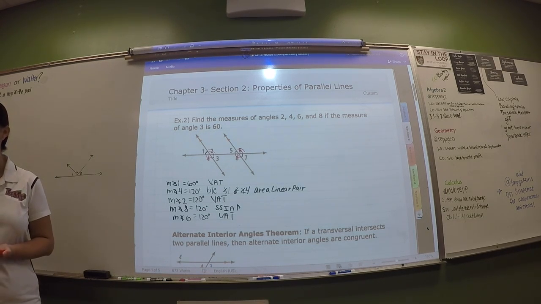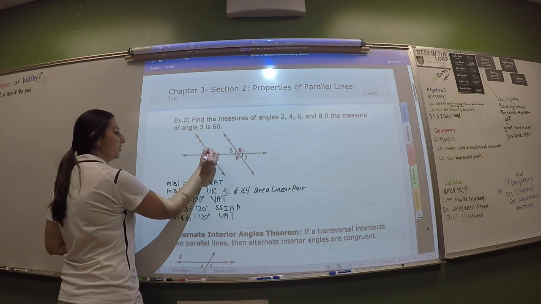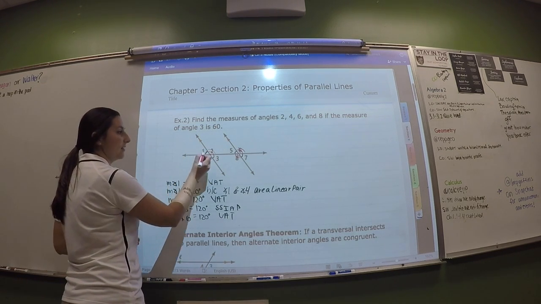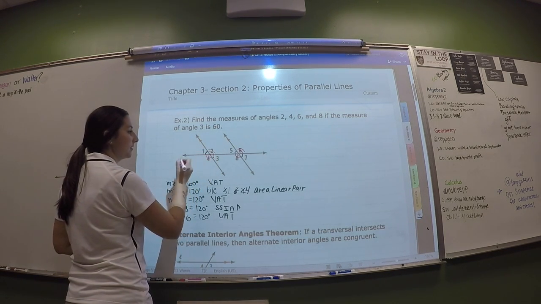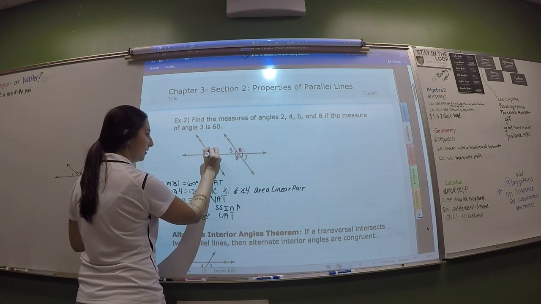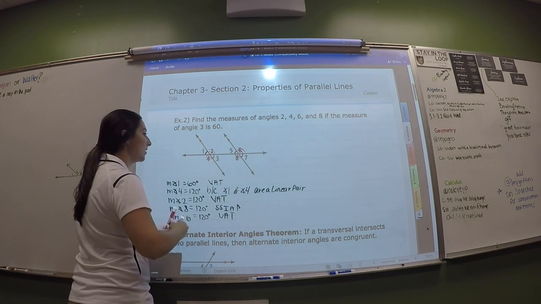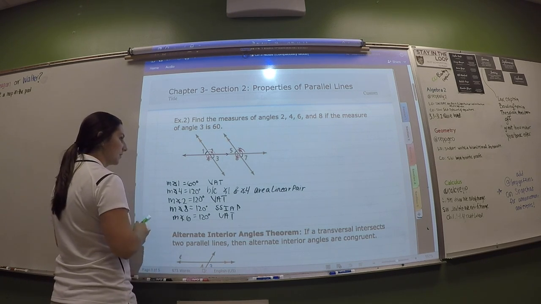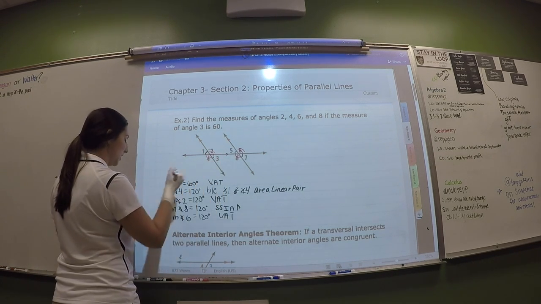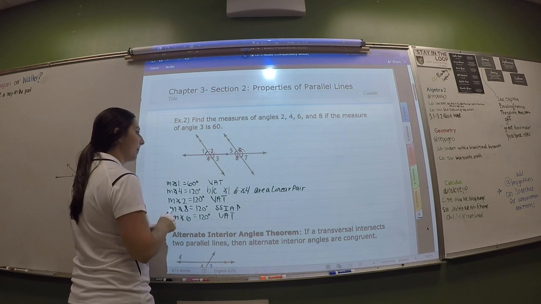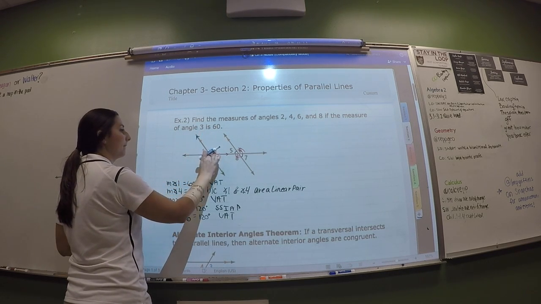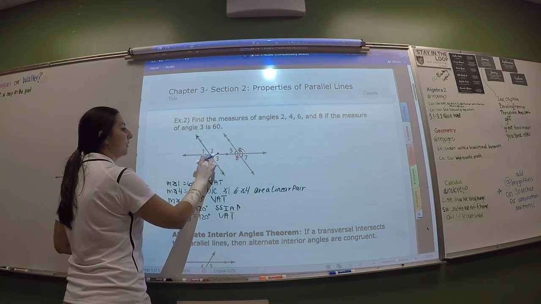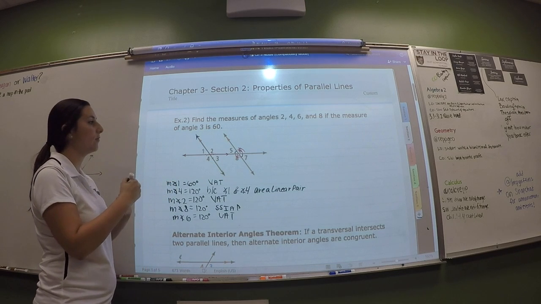Vertical angles are angles that share a vertex and their sides are opposite rays. So look at angle 1.